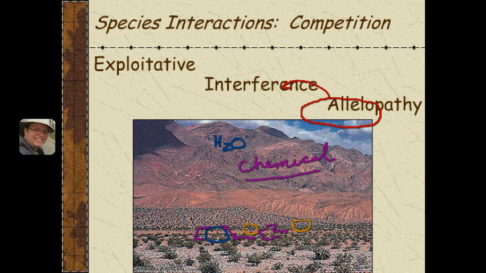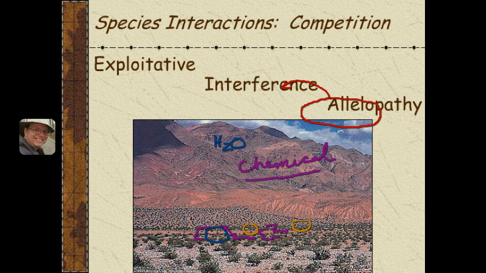The plants release the chemicals into the soil. Some plants release these chemicals into the air, and they drift down and reach the ground in the vicinity of the plant, and they either kill or prevent the growth of other plants within that region where that chemical is. This is called allelopathy.